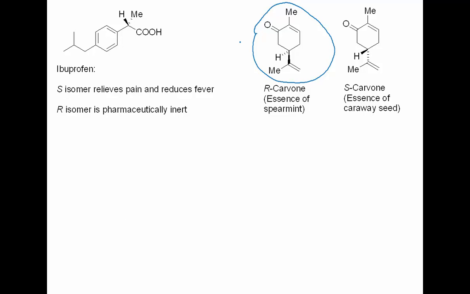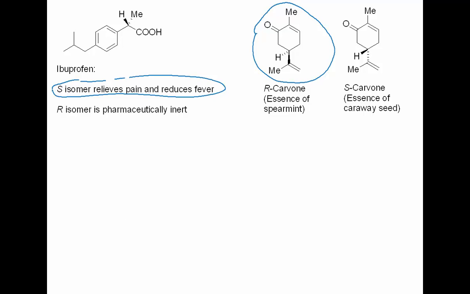Many pharmaceuticals are also chiral molecules, and their enantiomers have different pharmacological properties. For instance, S-ibuprofen is a pain reliever. R-ibuprofen is not.